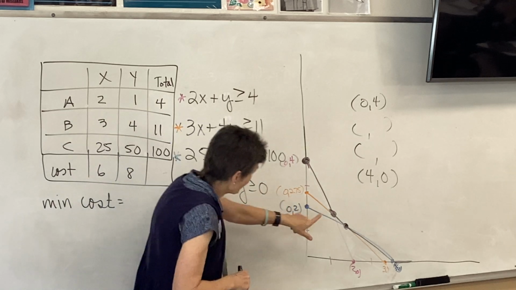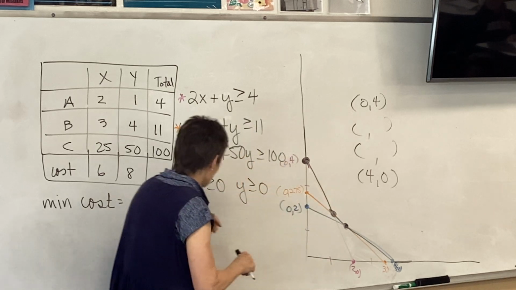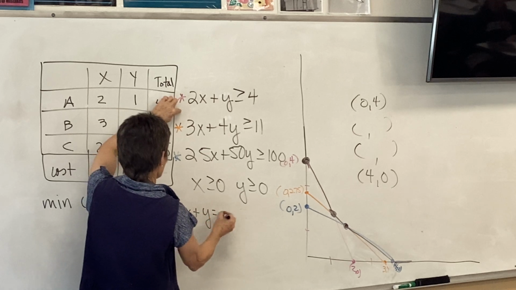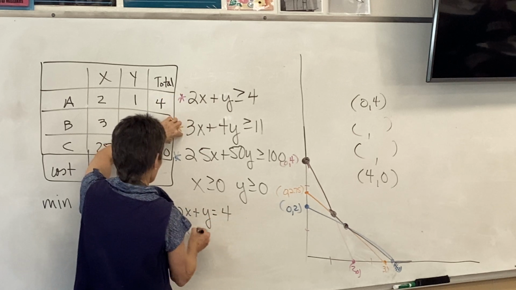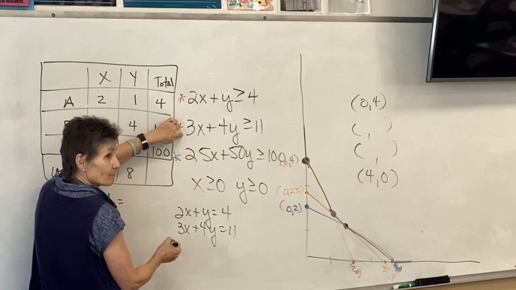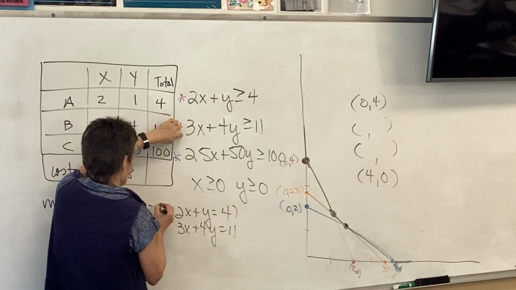This one right here is where pink and orange intersect. So 2x plus y equals 4, and 3x plus 4y equals 11. I don't know what we should do here. I think I'll multiply this one by -4.